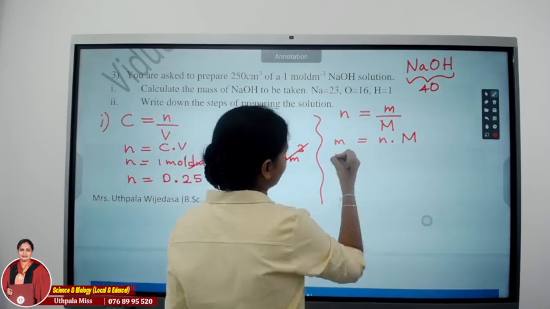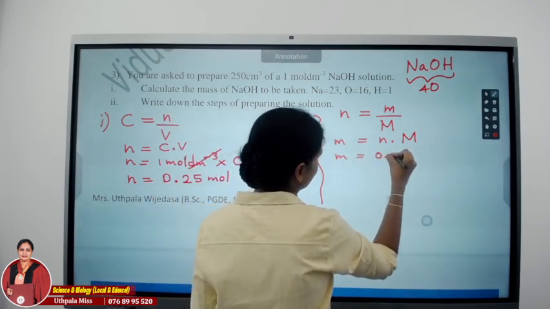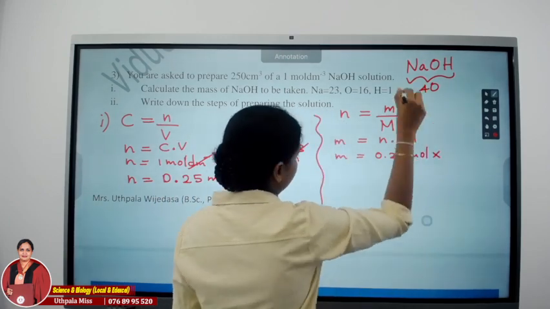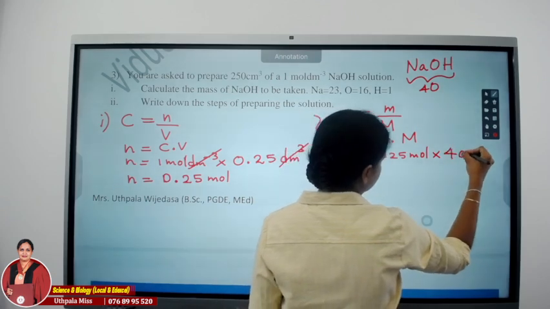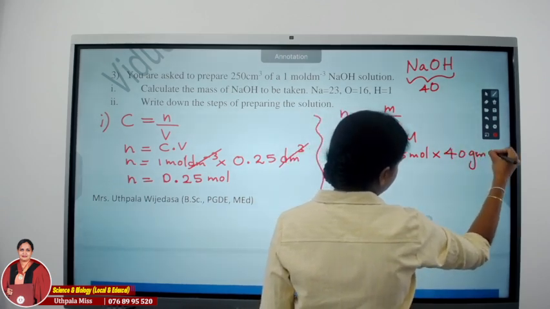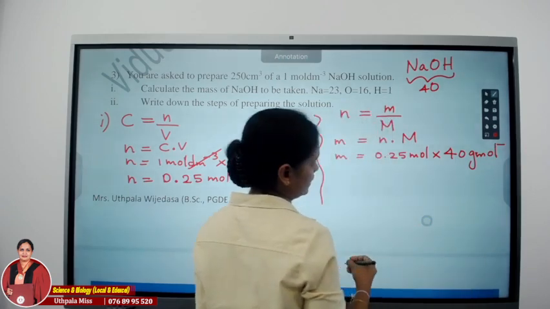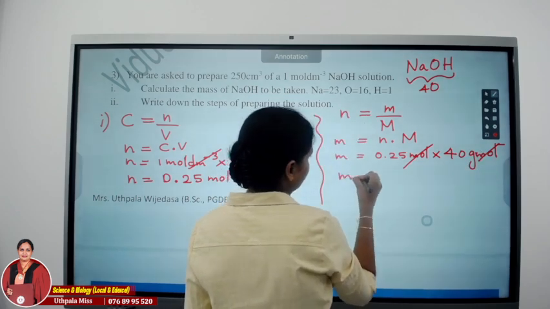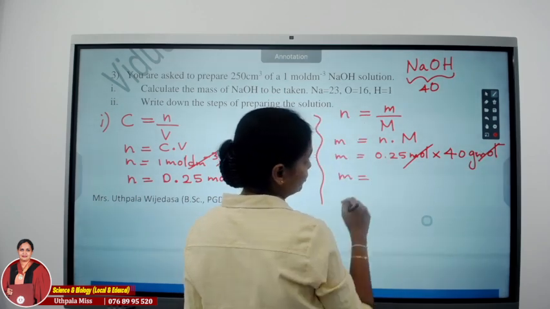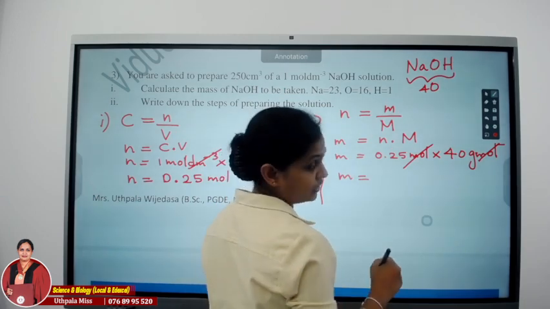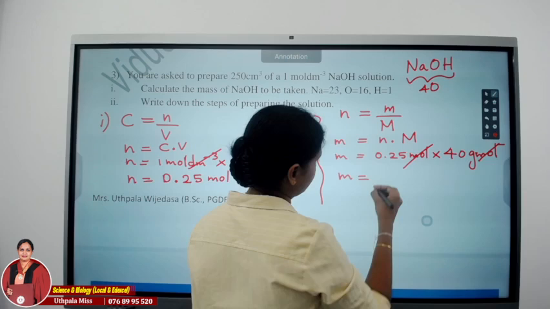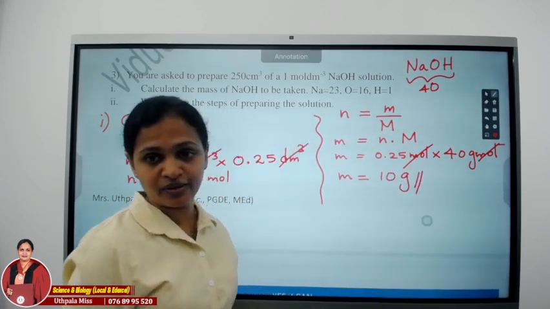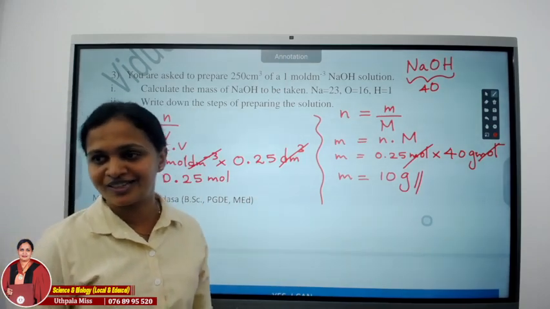So number of moles is 0.25 moles, into molar mass, which is the relative molecular mass taken in grams, so grams per mole. Mole per mole cancels. So mass equals 0.25 into 40, that is 10 grams. You have found the mass of sodium hydroxide as 10 grams.